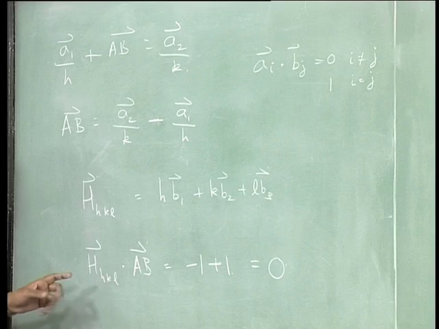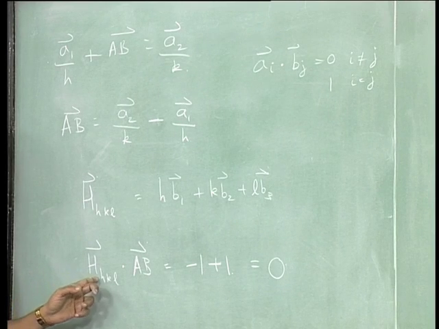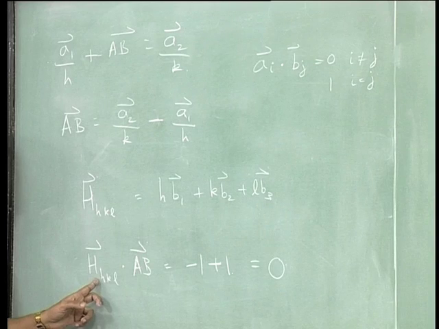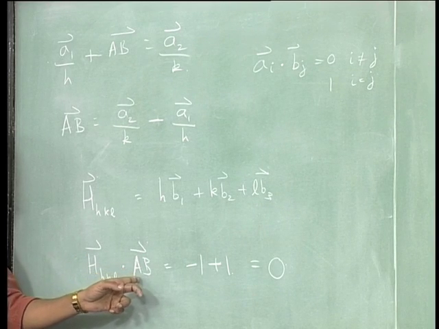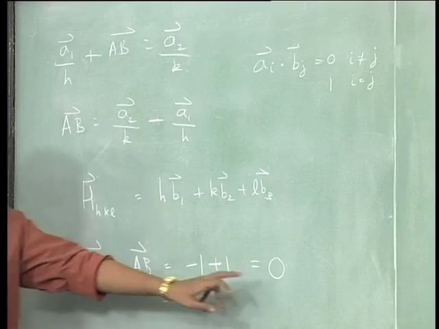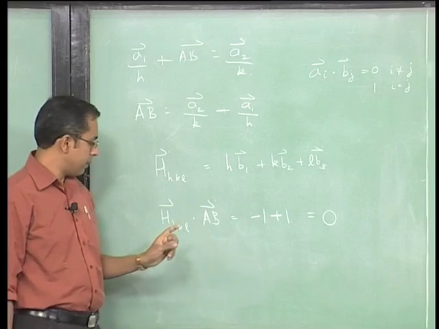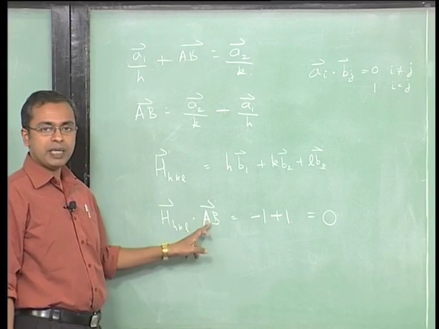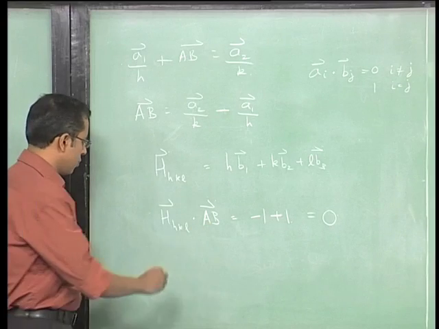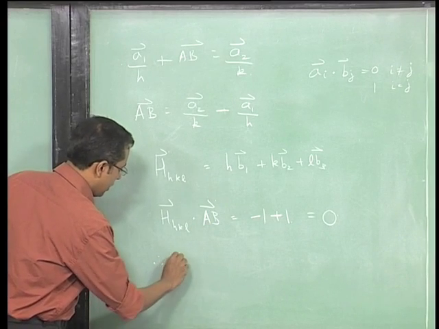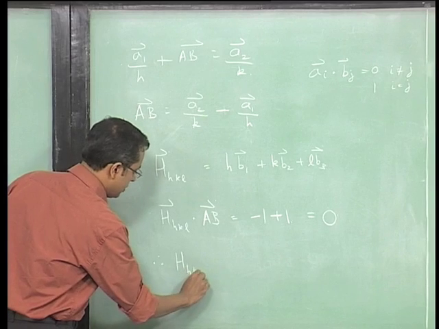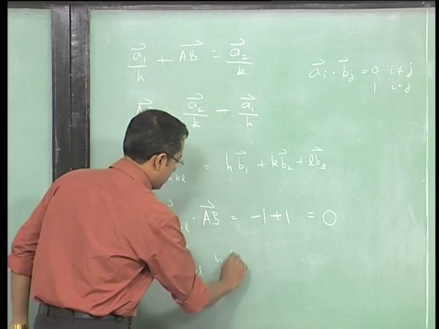So we have a situation where a vector in reciprocal space, HHKL, dot a vector in real space is equal to 0. In other words, we have a dot product between two vectors which is 0, which simply implies that HHKL is perpendicular to this vector AB. Therefore, HHKL is perpendicular.